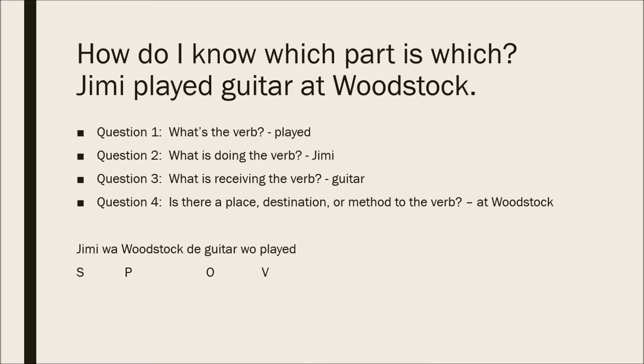Whatever does the verb is the subject. So that's Jimmy. What's receiving the verb, or what is being played? In that case, it's the guitar. So that's your object. And is there a place or destination or a method to this verb? In this case, it's a place, and that's at Woodstock. So that's the preposition. All right, so Jimmy wa Woodstock de guitar o played.